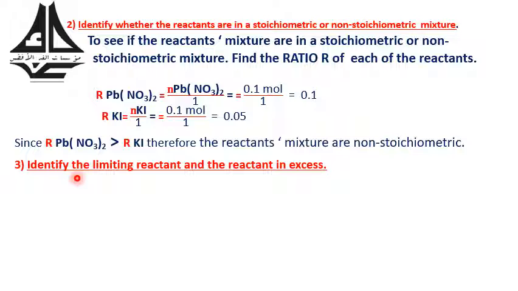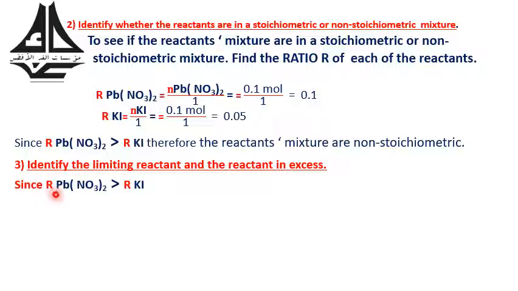Question 3. Identify the limiting reactant and the reactant in excess. Remember that when the ratios of the reactants are not equal, such that the ratio of one of them is greater than that of the other, the reactant mixture is non-stoichiometric, and hence there is a limiting reactant and a reactant in excess. So let's now identify which is the limiting reactant and which is the reactant in excess.